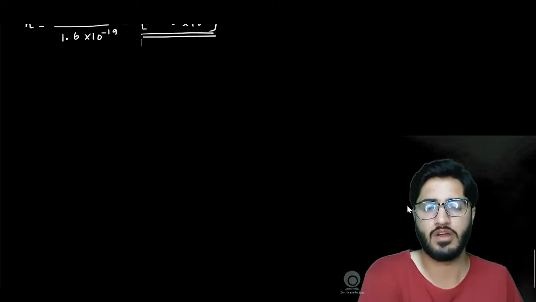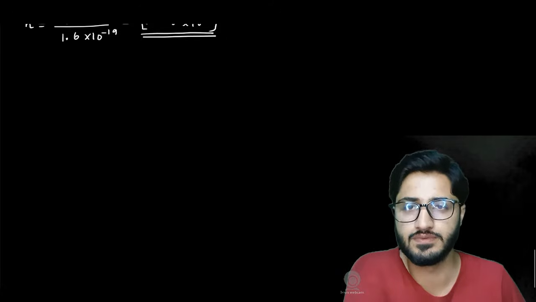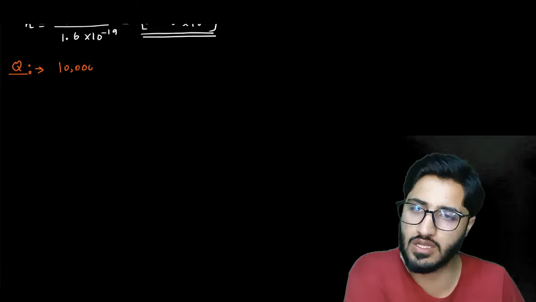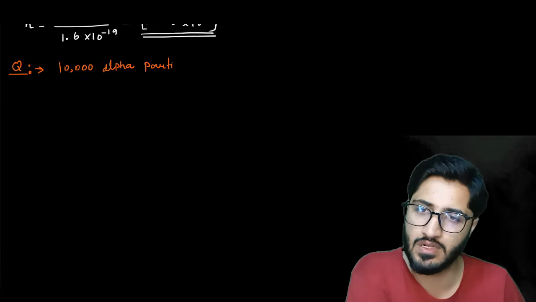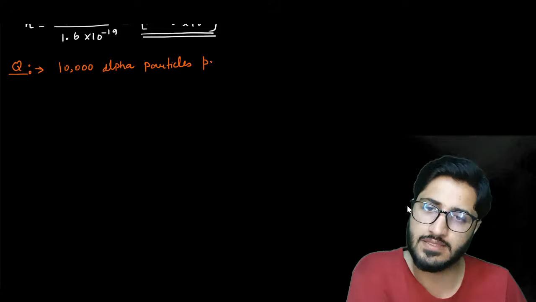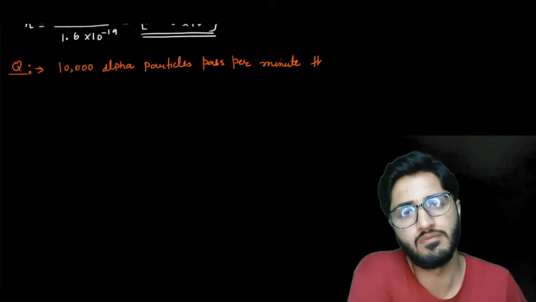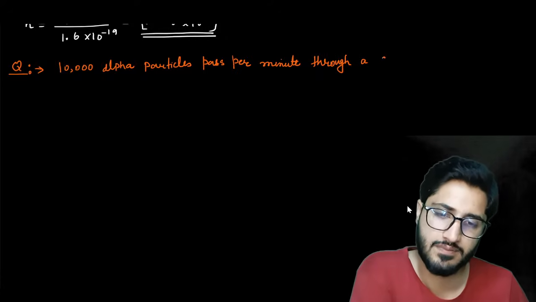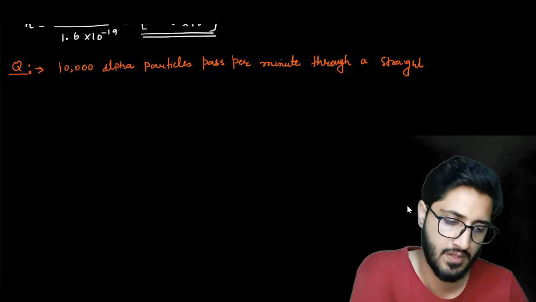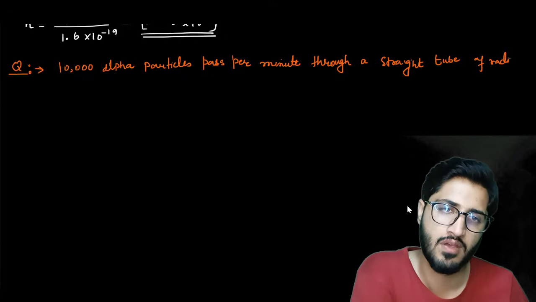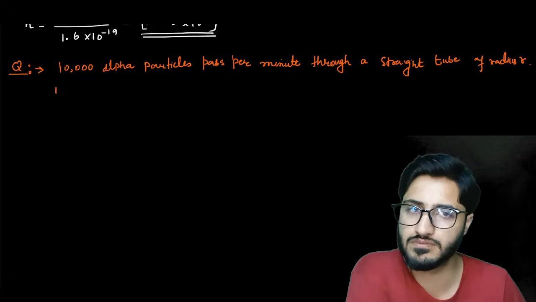One more numerical, a very good one. We have 10,000 alpha particles passing per minute through a straight tube of radius r.